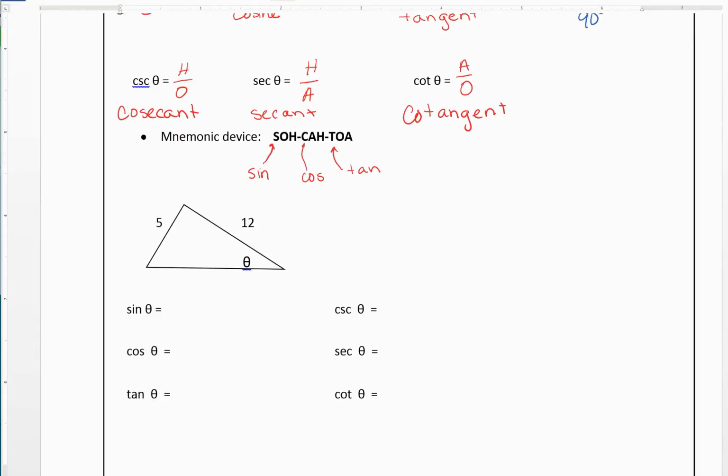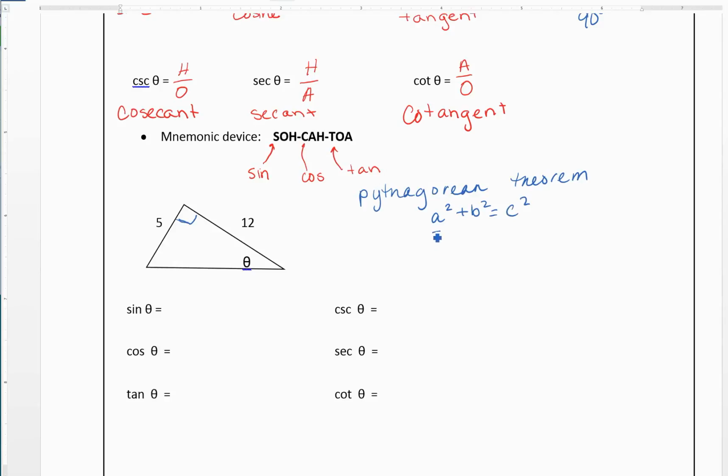So here we've got a triangle, and this is our right angle. I'm not very good at drawing the right angle thing. And we're told that one side is 5, the other one is 12. Now, we actually need to find this hypotenuse. And since it's a right triangle, we can use the Pythagorean theorem, which is a squared plus b squared equals c squared, where c is the hypotenuse.